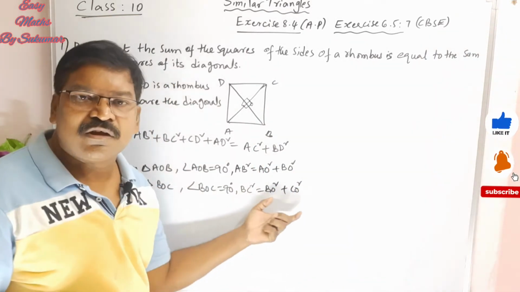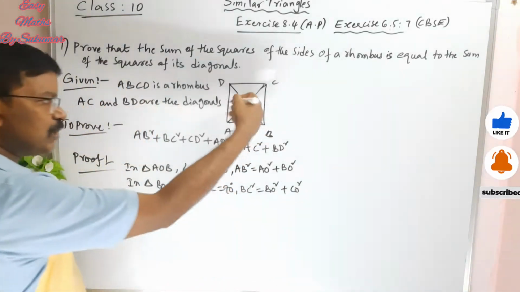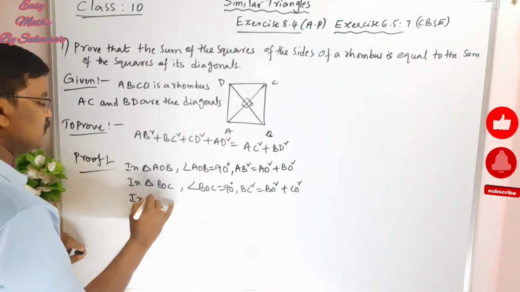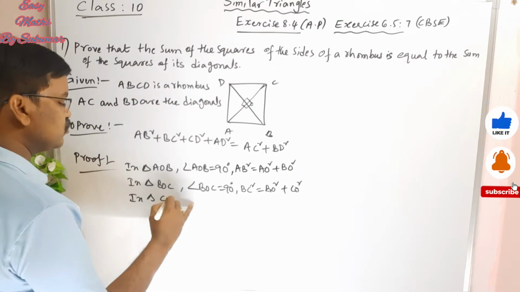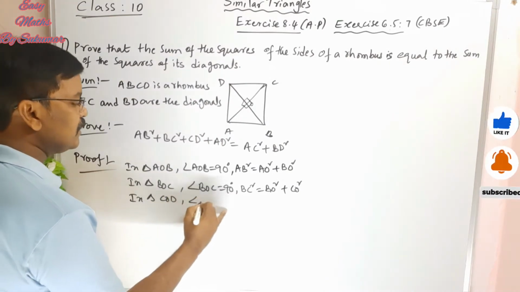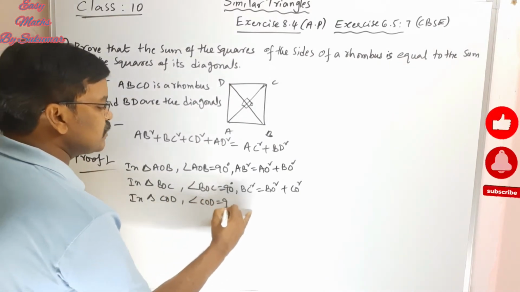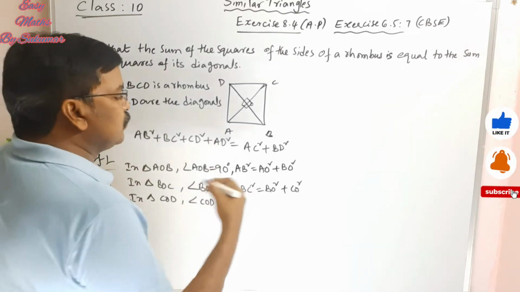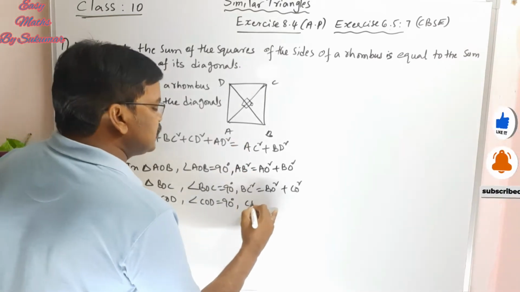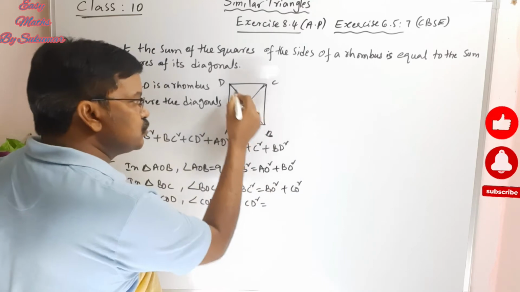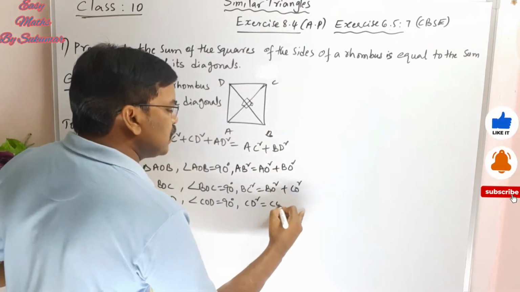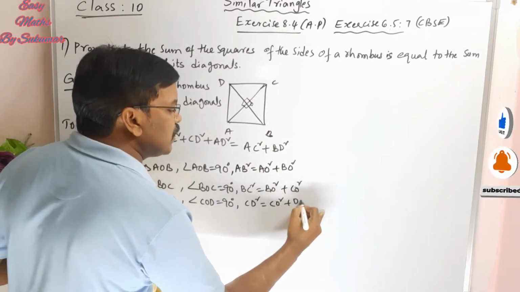I hope you understand all these steps. Right. Now, in triangle COD, angle COD is equal to 90 degrees. Therefore, CD square is equal to CO square plus DO square.